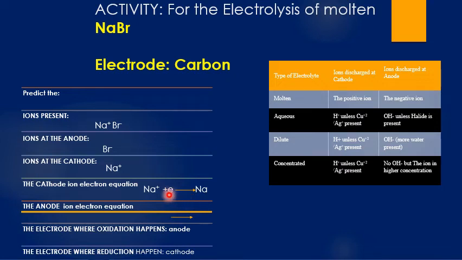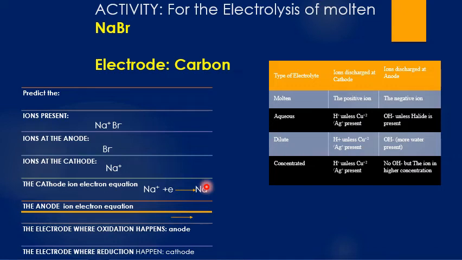Electron equation means you have to balance the equation with the electrons. Remember, the sodium ion has one less electron because it would have lost it. Metals lose electrons, so it would have lost its one electron to form a positive ion. So I'm just going to say plus electron to produce sodium, because the sodium on the right hand side has an extra electron in its valence shell.